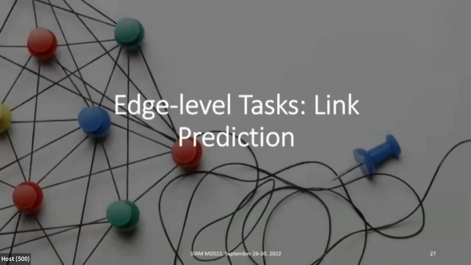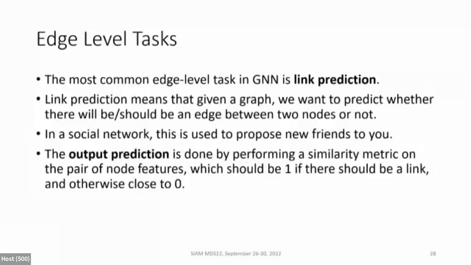Then the second type of classification is the edge level. The most common edge level task is known as link prediction, and it can be used for making recommendations. If you have a given graph, you want to predict if there will be or should be an edge between two nodes.